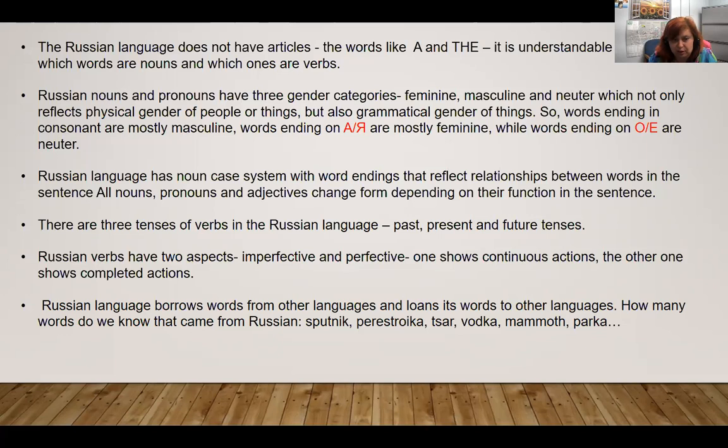And of course, the Russian language borrows lots of words from other languages, and it also gives words to other languages. So do we know how many Russian words we have in English language? I try to remember. Sputnik, perestroika, vodka, tsar.